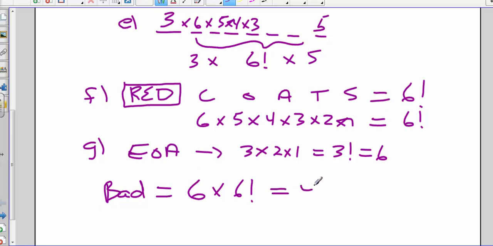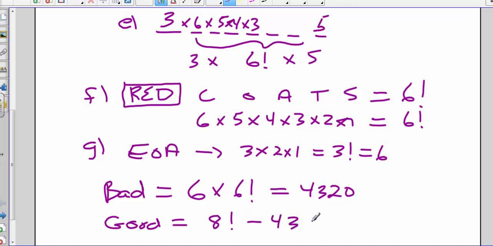It looks like 4320. And so the number of arrangements that we actually are happy with, the good arrangements, would be that 8 factorial from above, which I see is something like 40,320, minus the bad arrangements here, which gives us just about 36,000 even, it looks like, if the numbers on the page are correct.